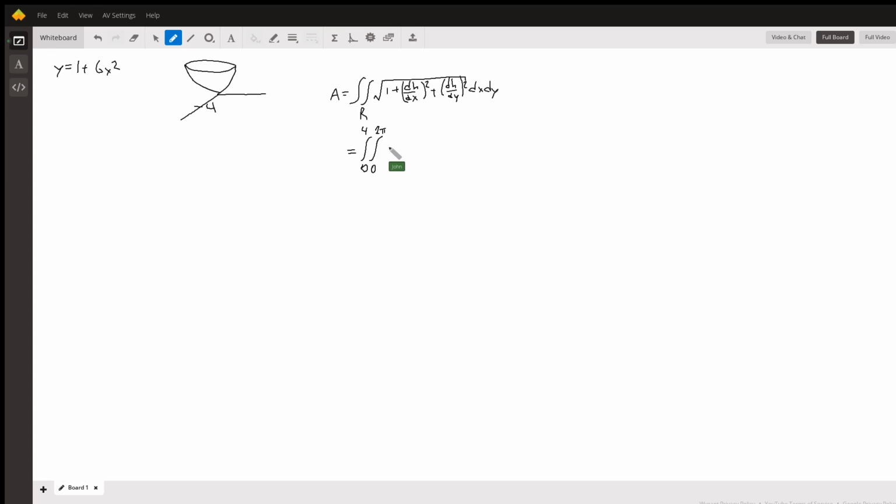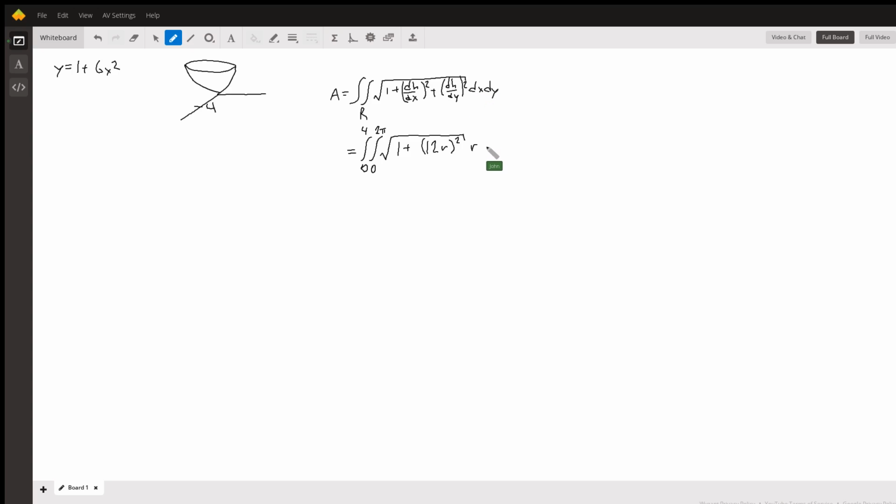So we do the same thing here with the derivative squared. So it's 1 plus the derivative with respect to r. So it's 12r, and then that squared. And then since it's in polar coordinates, we pick up a factor of r on the differential.